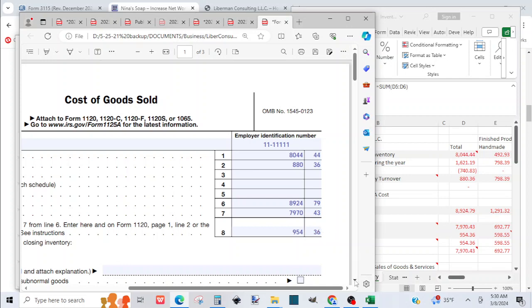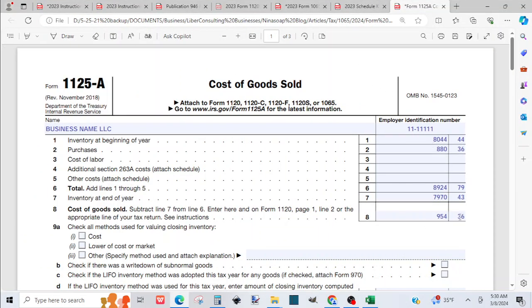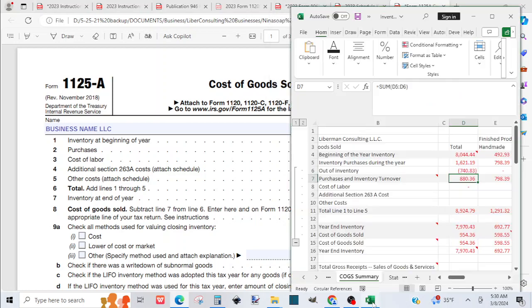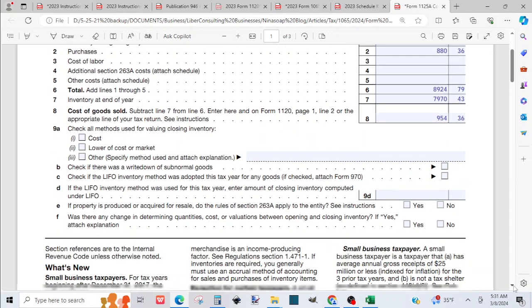Okay, so 954. So we will go back, and we can see it as well, cost of goods sold in this example. So we are not done with this form.